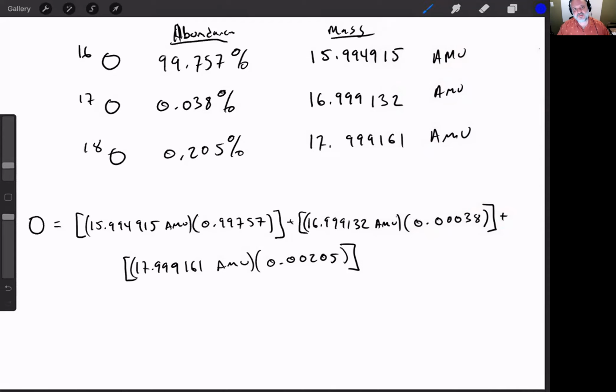On an exam or quiz, I'll probably give you something with a little more sig figs than this, but let's take a look. This is multiplication, so I'm limited by the smallest number of sig figs. Here I've got 1, 2, 3, 4, 5. Same thing here, but in this one I only have 2 sig figs, where in this one I have 3.